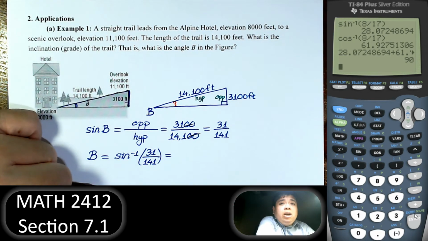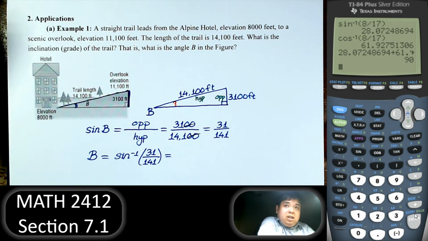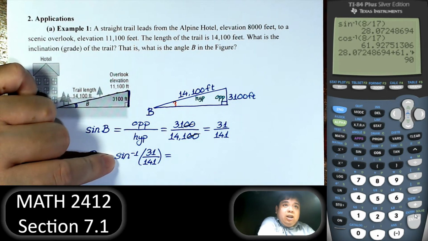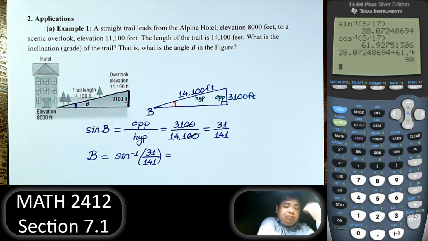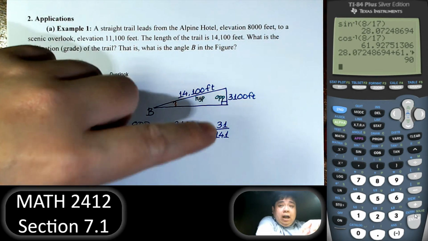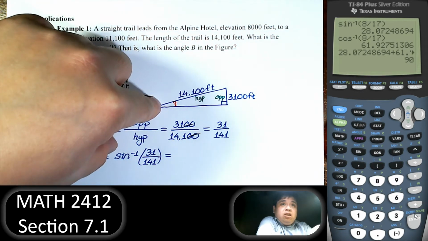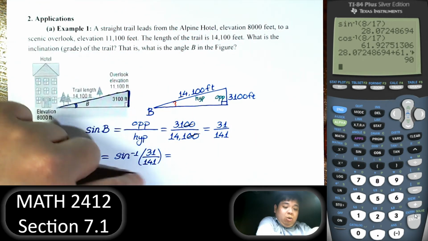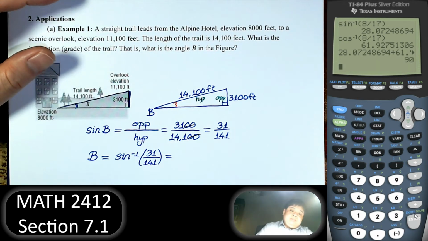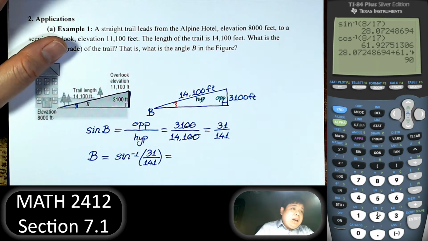The reason we don't have the supplement here, usually when we solve for sine, we should have sine inverse and the supplement to that, right? But we don't have to do that because this is a right triangle. Whatever angle B is has to be acute. So whatever answer here should be between 0 and 90 degrees.